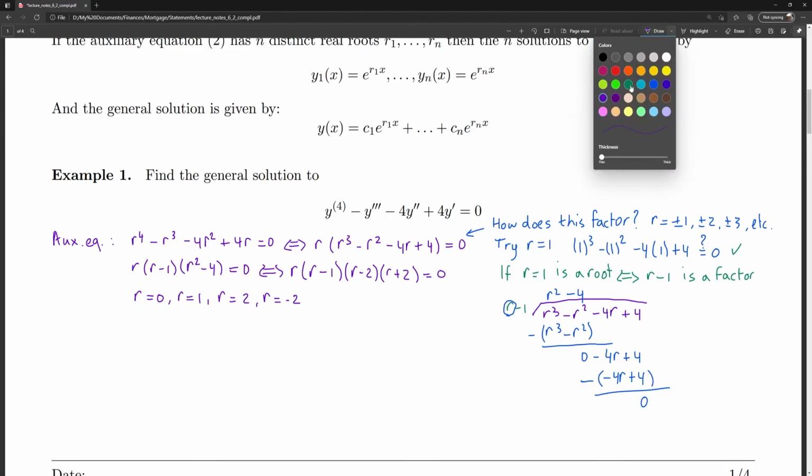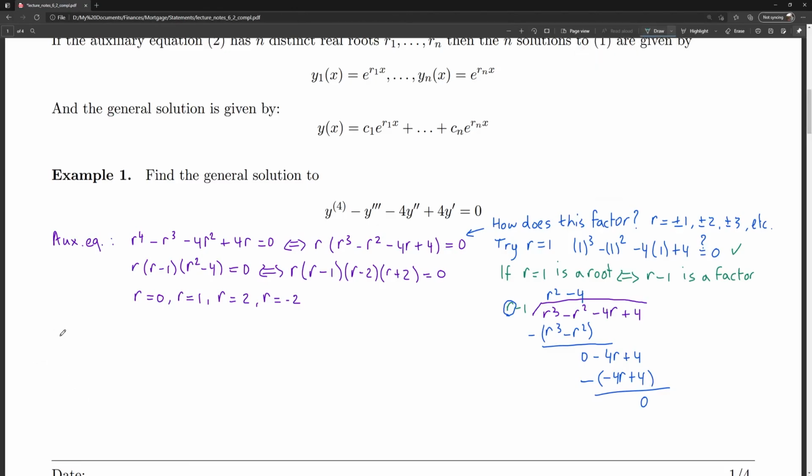And therefore, our general solution to our differential equation will now look as follows. C1 e to the power 0x plus C2 e to the power 1x plus C3 e to the power 2x plus C4 e to the power negative 2x.